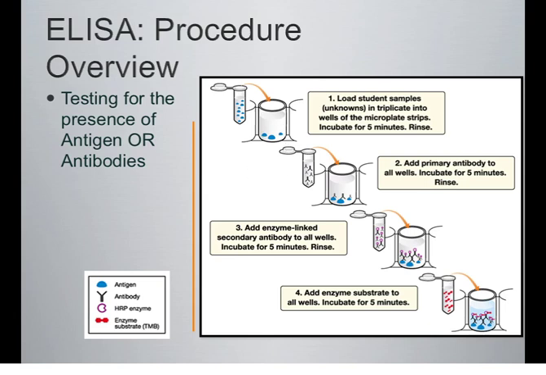Generally, we use a milk protein or a detergent protein or a chemical or whatnot to make sure that any space that hasn't had the protein bound to it gets something else attached to it.